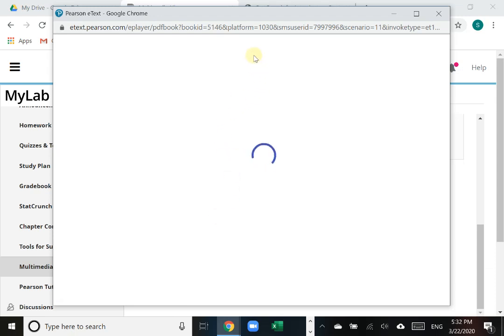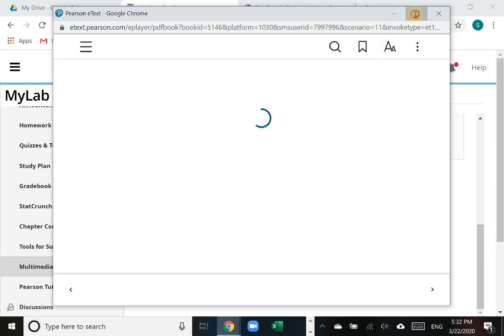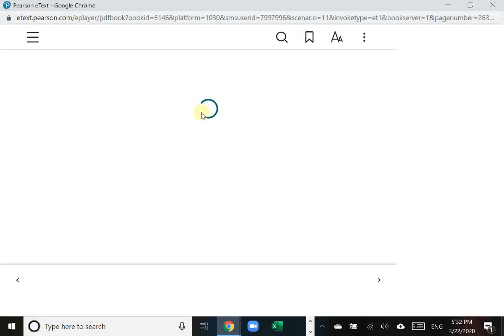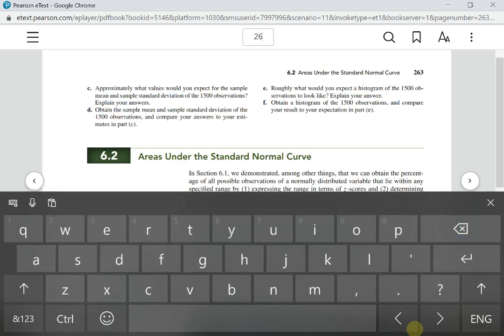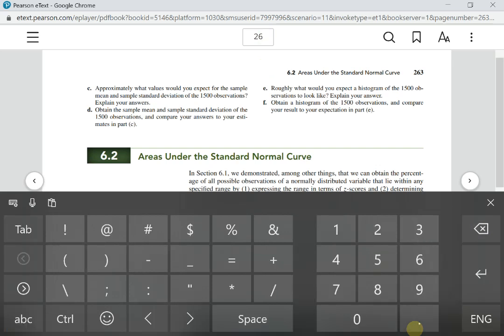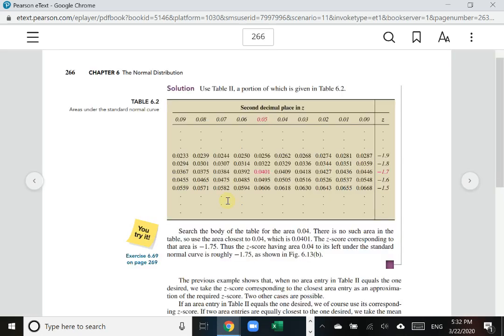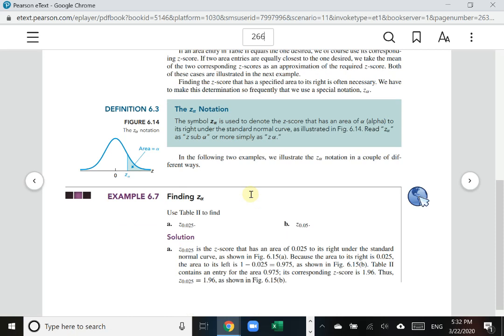On that page 266, we're going to use a notation, something that we will do throughout the future chapters, especially in chapters 8, 9, and beyond. So let me backspace, and I'm going to type page 266 here. Okay, and this notation is the Z subscript alpha notation. There we go. This is the Z sub alpha notation.